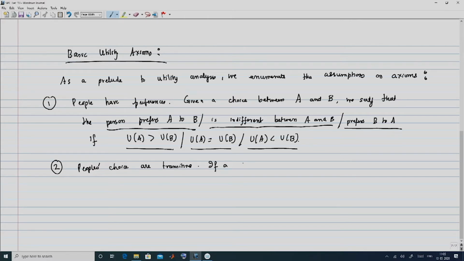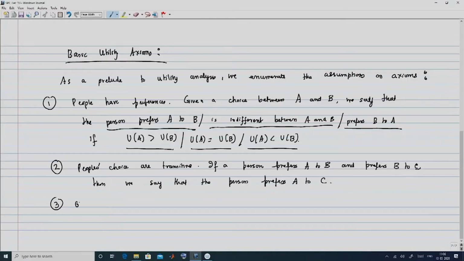If a person prefers A to B and prefers B to C, then we say that the person prefers A to C. This means that if we have three alternatives A, B and C, and if an individual prefers A over B and also B over C, then this implies that the person prefers A over C. This is consistent with our typical definition of transitivity.